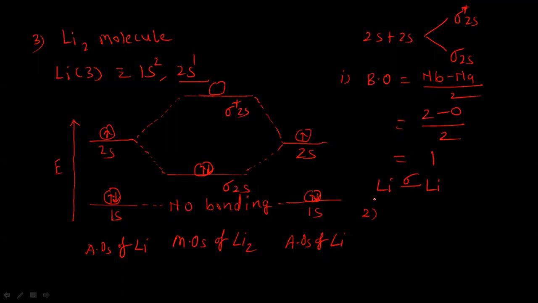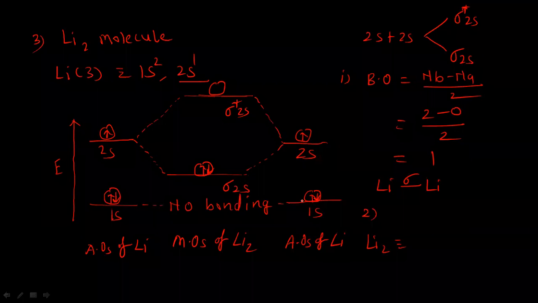Second, now the electronic configuration of the lithium molecule. To write the electronic configuration is more important. So let us write here Li2 molecule, the electronic configuration of the lithium molecule. Even though these 1s, 1s electrons do not participate in bonding, in the electronic configuration we have to represent those atomic orbitals.